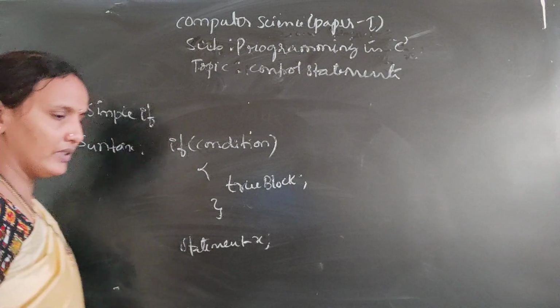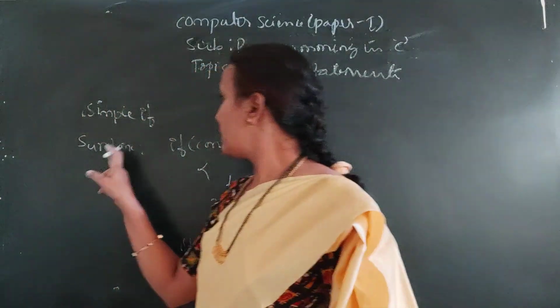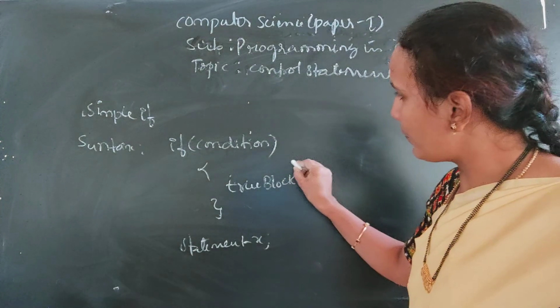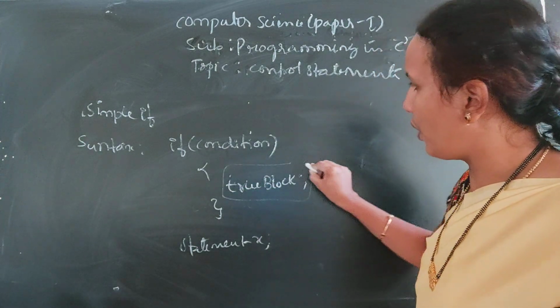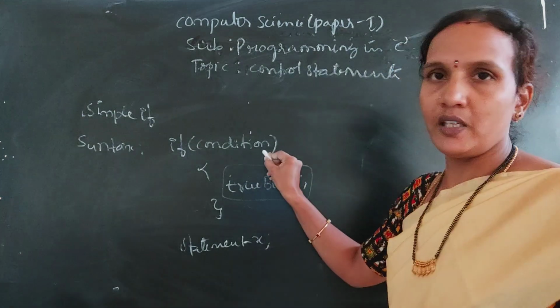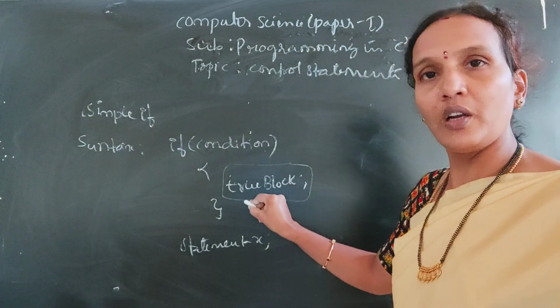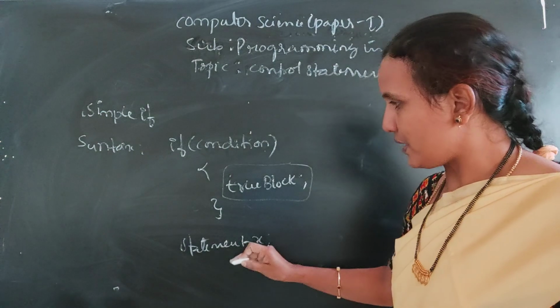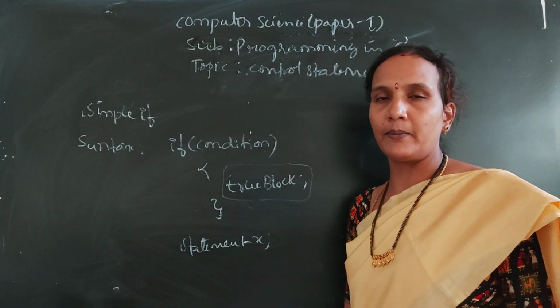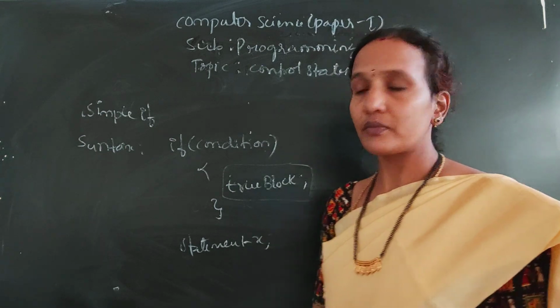So actually, if the given condition is true, whatever you have written in this block will be executed. If the given condition is false, this block will be skipped and the statements immediately after the true block will be executed. This is a simple if.